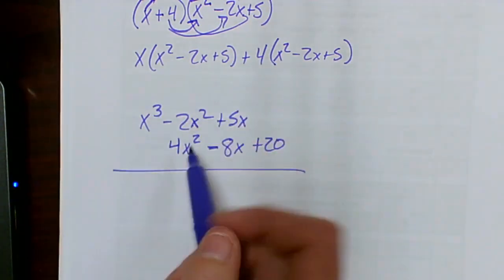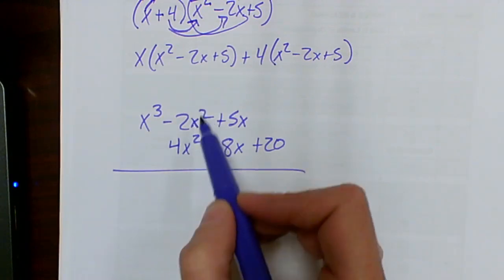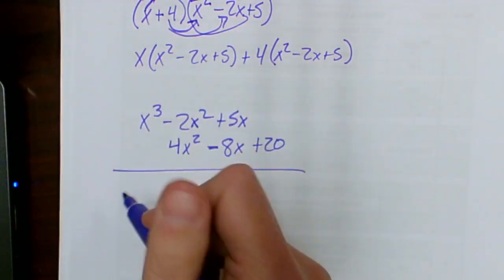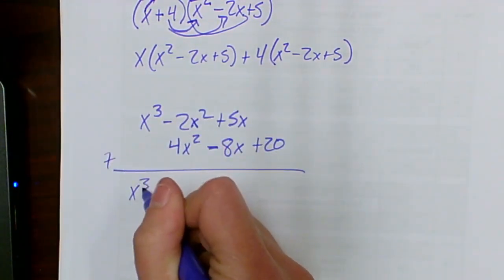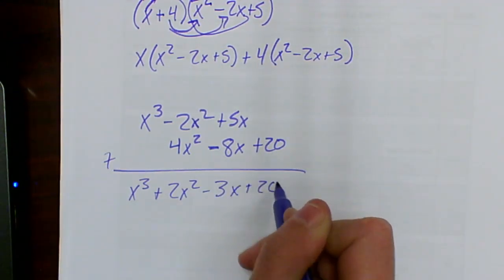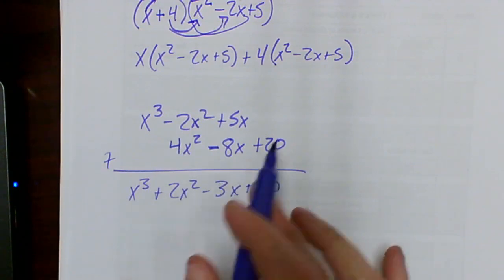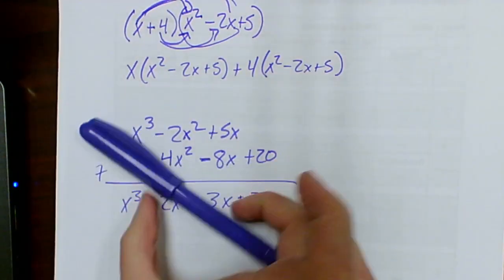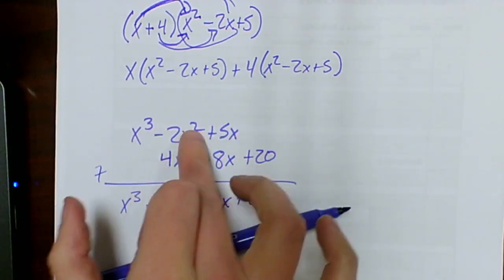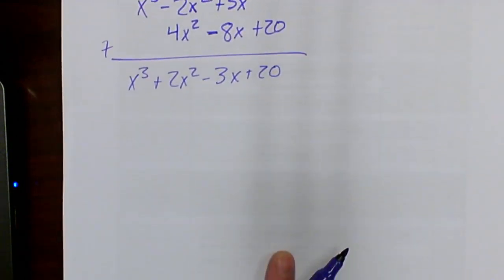So after you're done multiplying and making sure that you're stacking the same variables on top of each other, you can simply add: x cubed plus 2x squared minus 3x plus 20. This helps a lot instead of taking this and putting it all in one row and then having to find all the common terms.